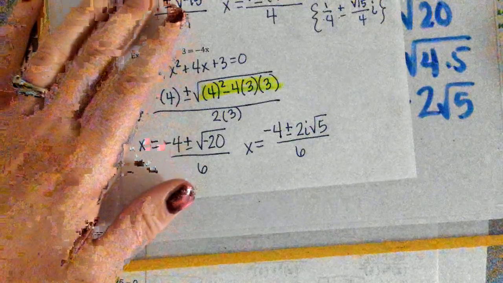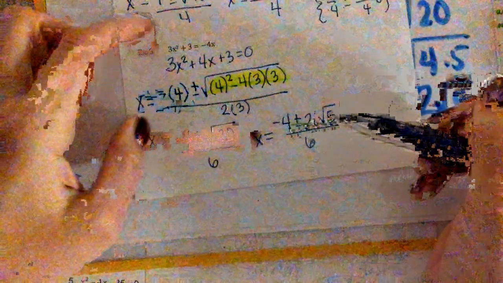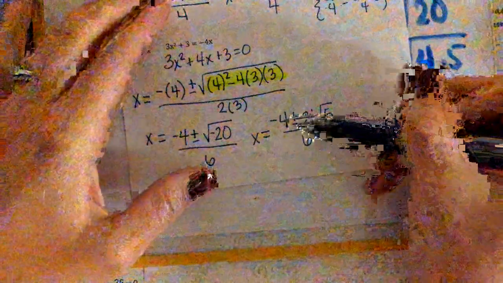And now here's the thing, there's that triangle for simplifying, right? When you're doing the quadratic formula. But that triangle doesn't really apply when we have a complex number situation because you're going to end up splitting this up. So the triangle doesn't matter. What I mean by that is we have to give each of these their own denominator of 6.